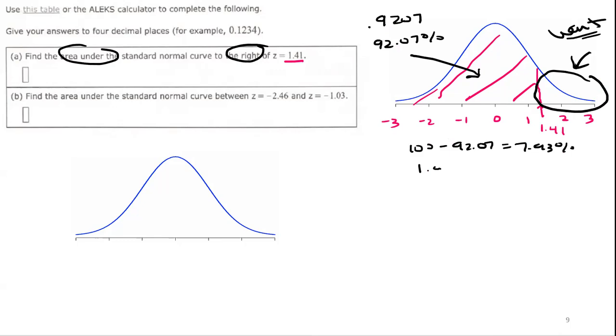Or we can do 1.0 minus 0.9207, which is 0.0793. Okay. So in this case, it looks like they want us to give answers to 4 decimal places, so they want the one with just the decimal. So we would write 0.0793 because that's 4 numbers after the decimal. Okay.